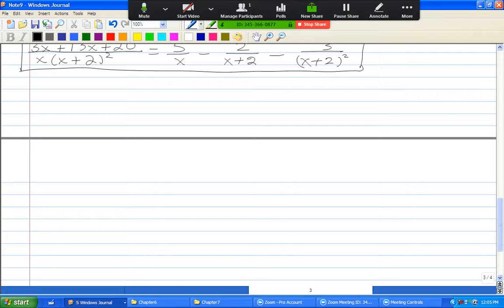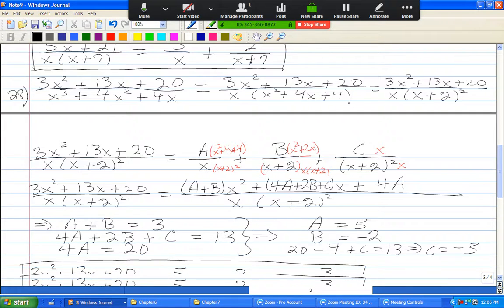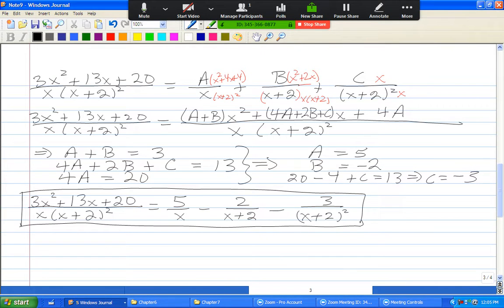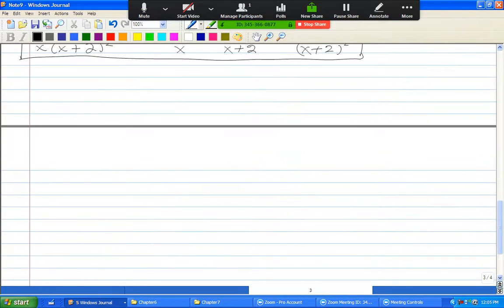So if you use some of those properties, you could actually simplify some of these calculations quite a bit. Also, another way of doing this is you could have just plugged in some easy values for x and determined equations. But so far they've been so easy, I didn't even have to do that. Let me do problem 38.